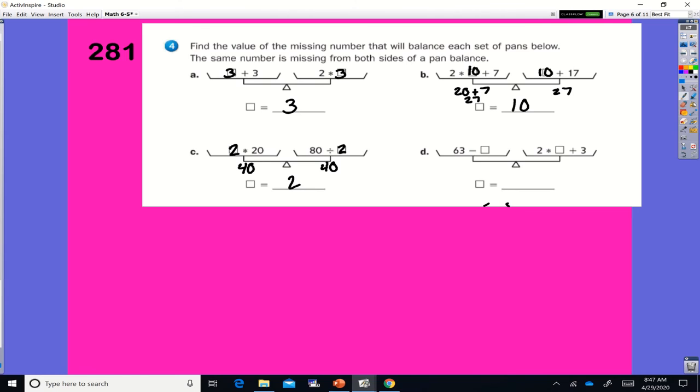Find that number and think about, okay, I know multiplication and division go hand in hand. So if I have 2 groups of 20, that gives me 40. And if I split 80 into 2 groups, that also gives me 40. So we get the same thing. Okay? I would like you to try letter D on your own, and then once you are done, come share what you got for your answer.